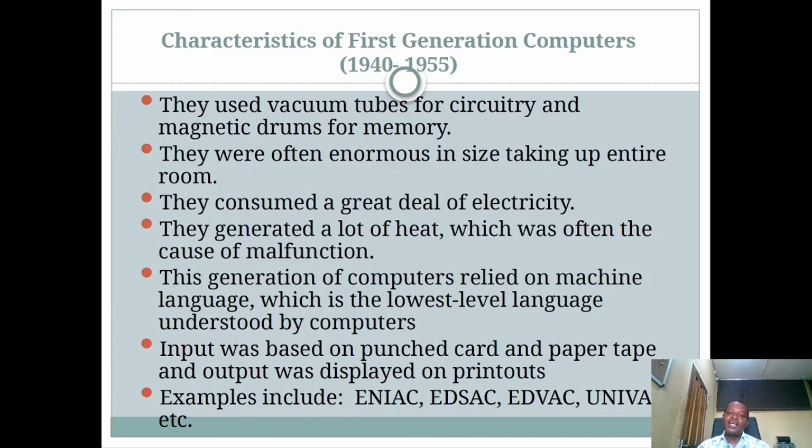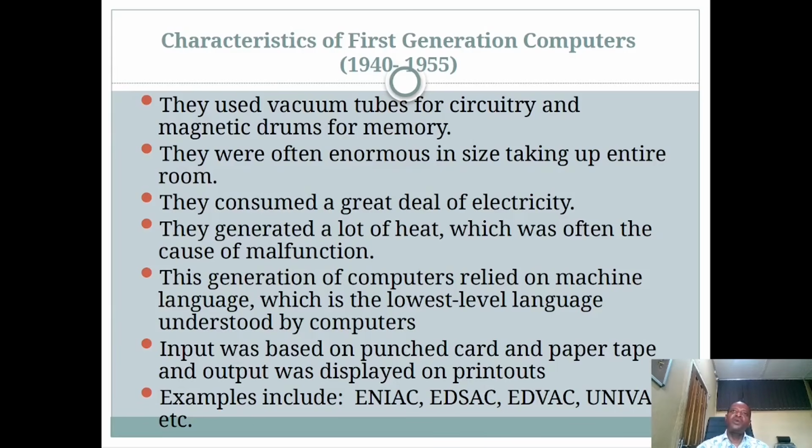The name of that card was punch card. If you want to represent maybe digit 5, there's a way the digit will be punched on the card, and that card will then be fed into the computer system, and the computer system will extract the code on that card representing 5.